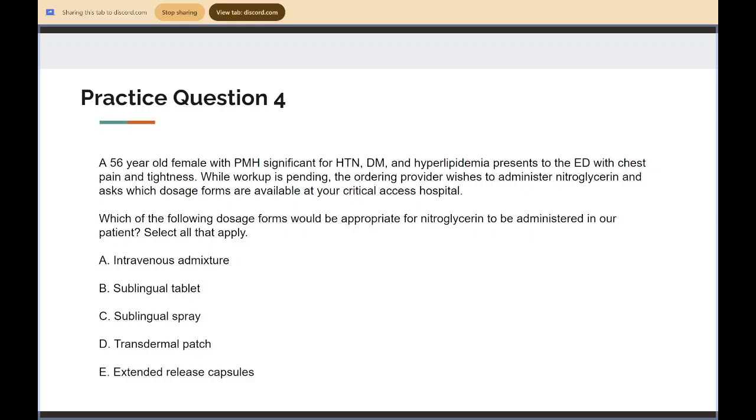Select all that apply. Choice A, IV. Choice B, sublingual tab. Choice C, sublingual spray. Choice D, transdermal patch. And choice E, ER capsules.